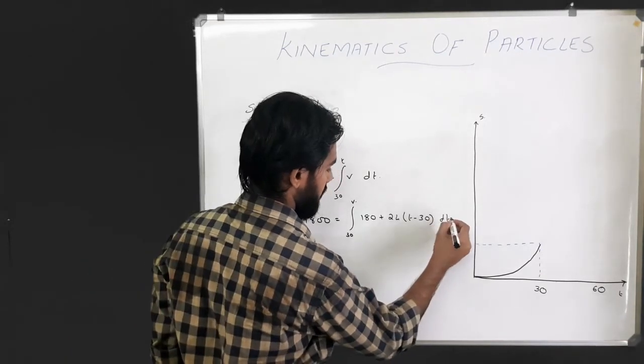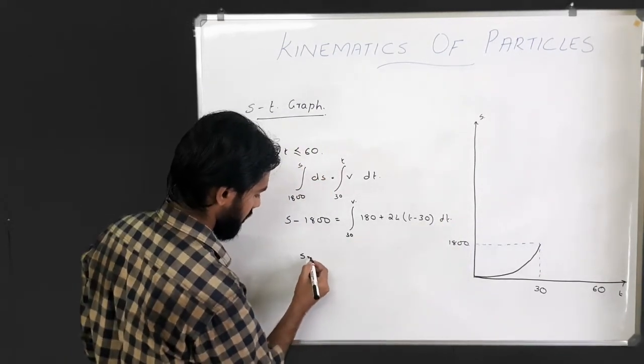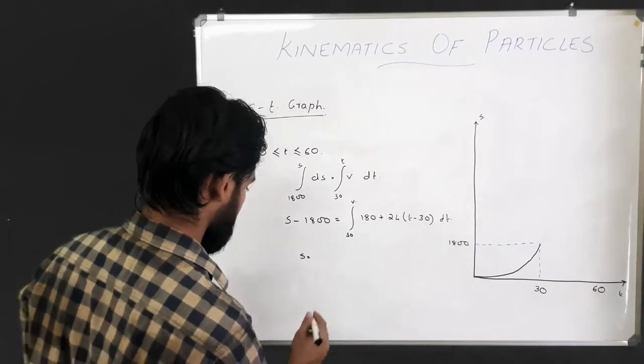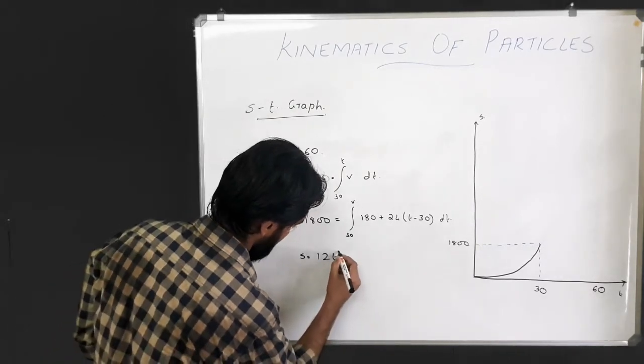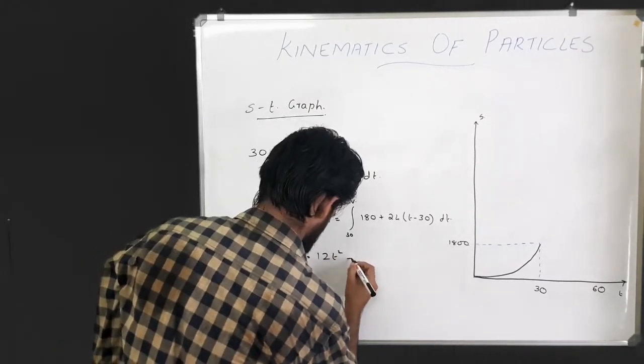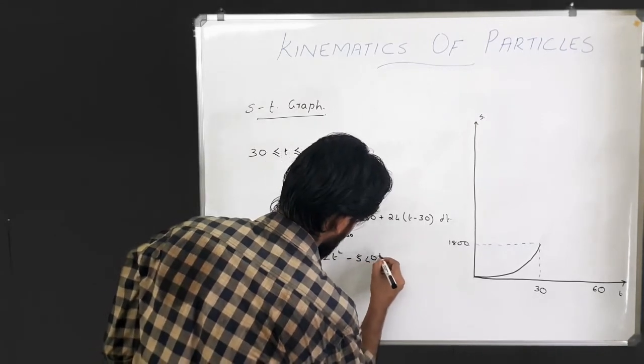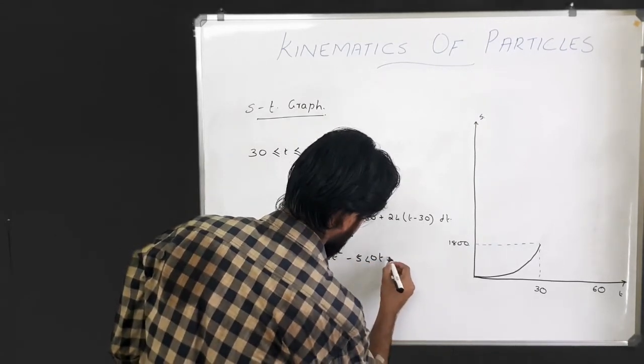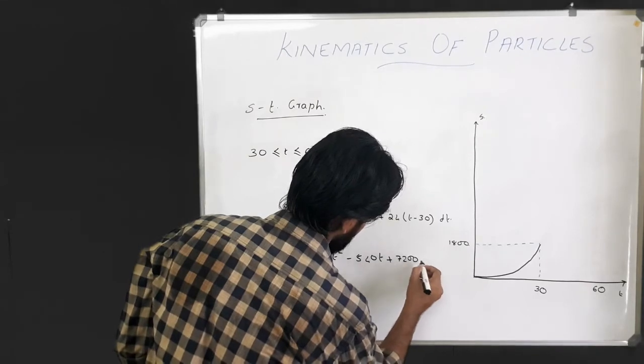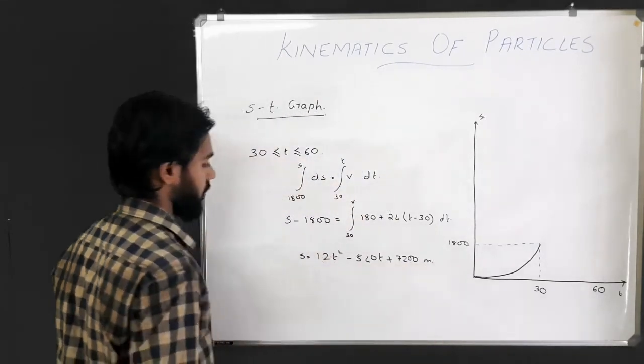dt. Now if you solve this, you will get the corresponding equation, 12 t square minus 540 t plus 7200 meters.